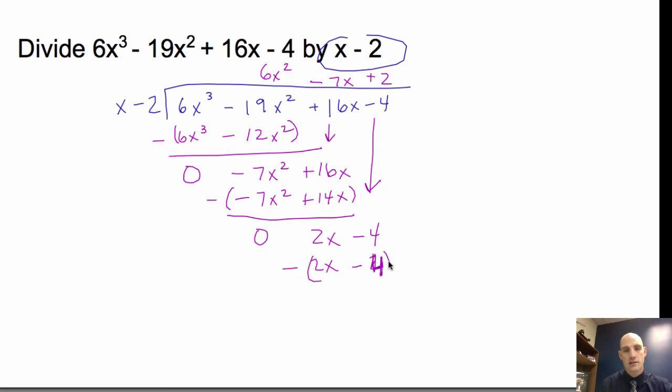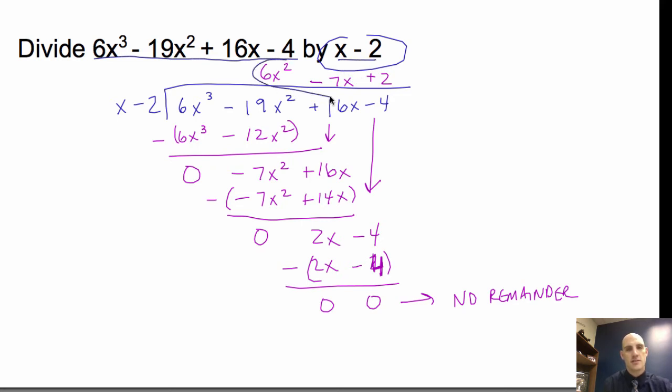When I subtract, this is really good, because 2x minus 2x is 0, and negative 4 minus a negative 4 would be 0, and so there is no remainder. So it evenly divides. What is 6x cubed minus 19x squared plus 16x minus 4 divided by x minus 2? The answer is 6x squared minus 7x plus 2.